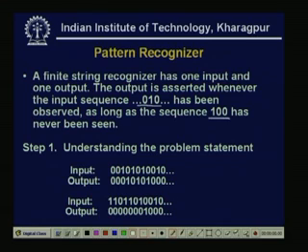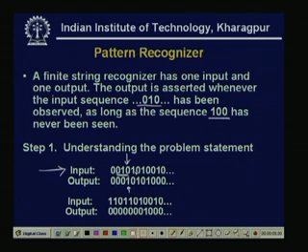So, if we take one example, this is my input string. If 0 comes, then output is 0; input 0, output 0; input 1, that means the string is 0 0 1, output 0. Now, when a 0 arrives, that means the string 1 0 1 0 has been identified, so the output is 1.